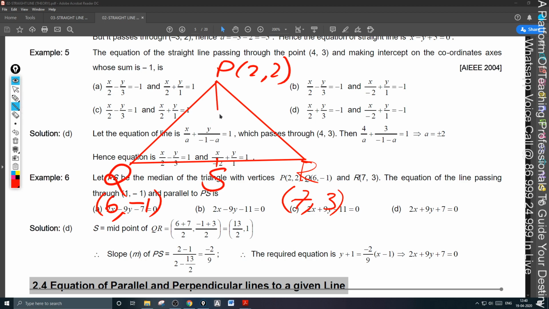S is the midpoint of what? QR. This is the data given. You have to find out another line which is parallel to PS, please. Parallel to PS and passes through some other point given, 1, minus 1.